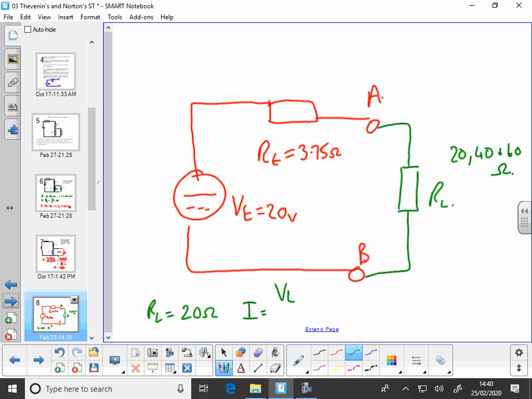So V little t over R little t plus RL. I think we can do that calculation in one go. That's 20 over 23.75 equals.